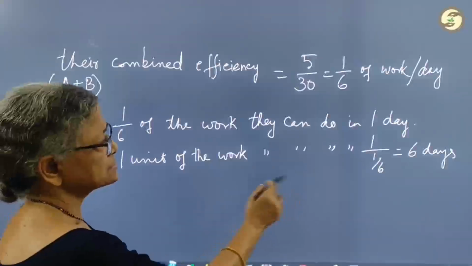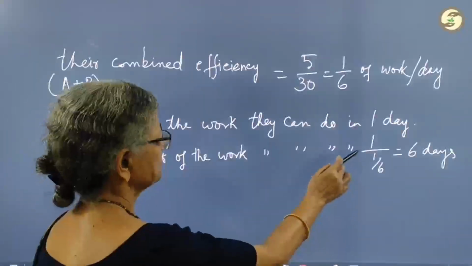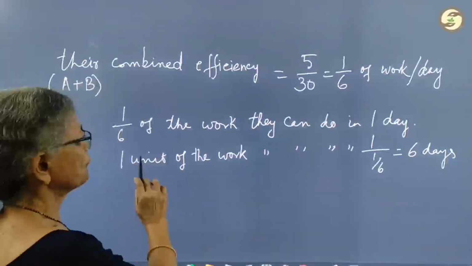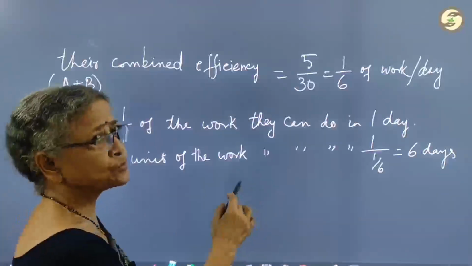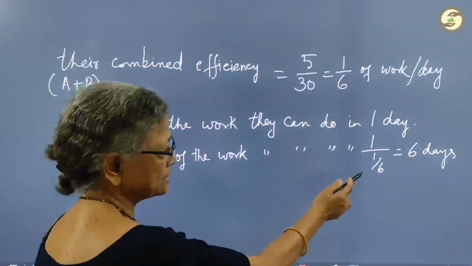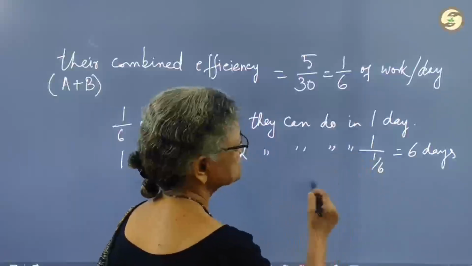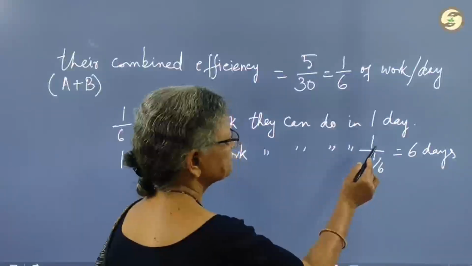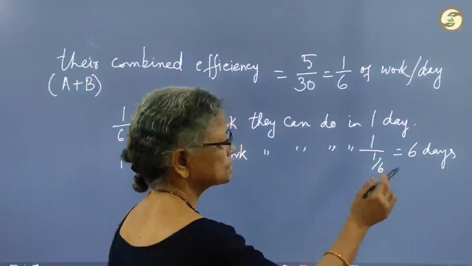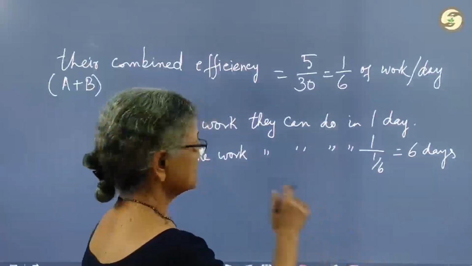A student may ask, why are we dividing? Because to do 1 unit of work, it will need more days. So why are we dividing? Here can you see it's a proper fraction, 1/6. If we multiplied 1 with 1/6, the days will be less.